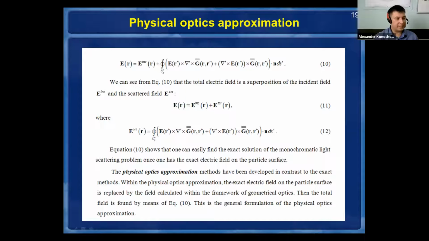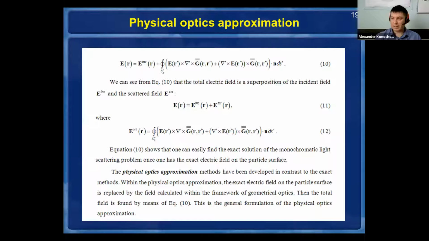The base idea of the physical optics approximation is that we do not find the exact solution on the particle surface. We find the geometrical optics approximation. We use the geometrical optics approximation to find the approximate solution on the particle surface.